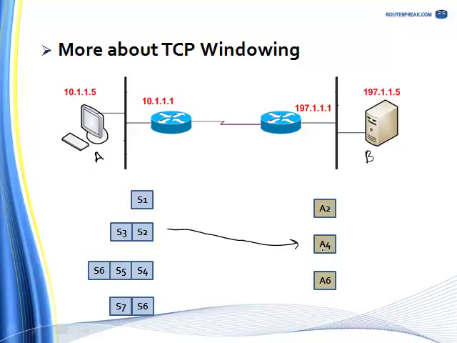He's going to acknowledge back with sequence 4, right? Sends it back over there. Boom. All right, I'm acknowledging 4. That means he's telling computer A, I've received sequence 2 and 3. You can send me 4. So now what A is going to do is open it up even more. He's going to send 4, 5, and 6.